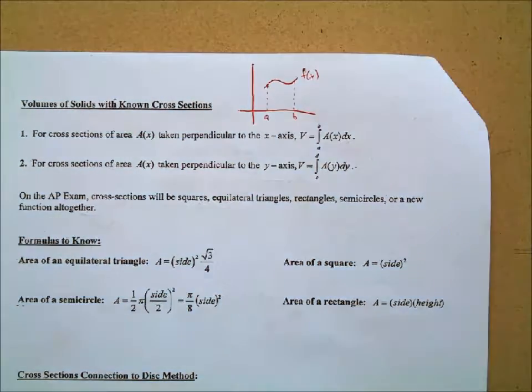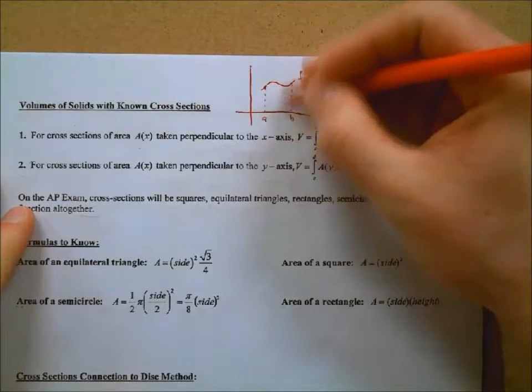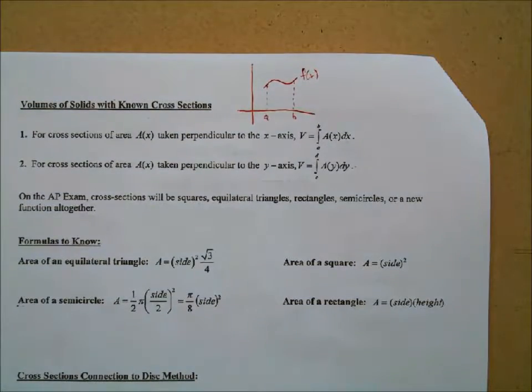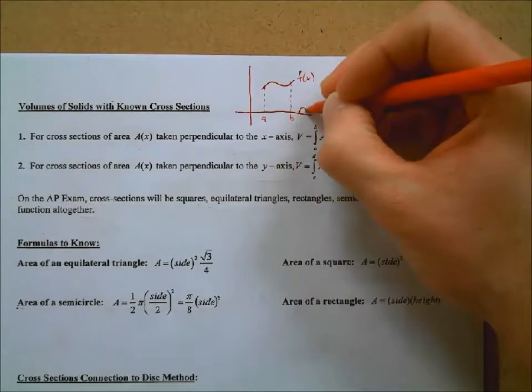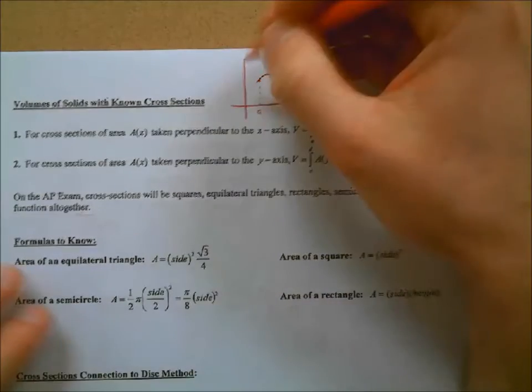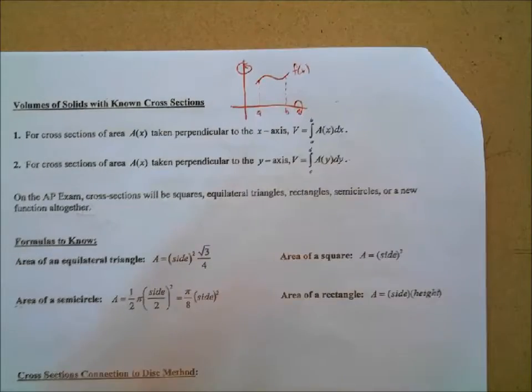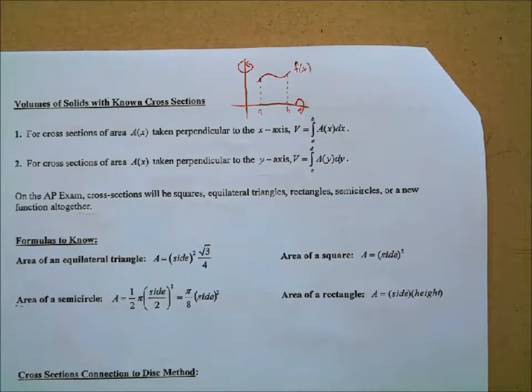We know how to take the area of this region, and if we rotate it about the x-axis or the y-axis, that creates a three-dimensional solid. That's what we've been doing so far.